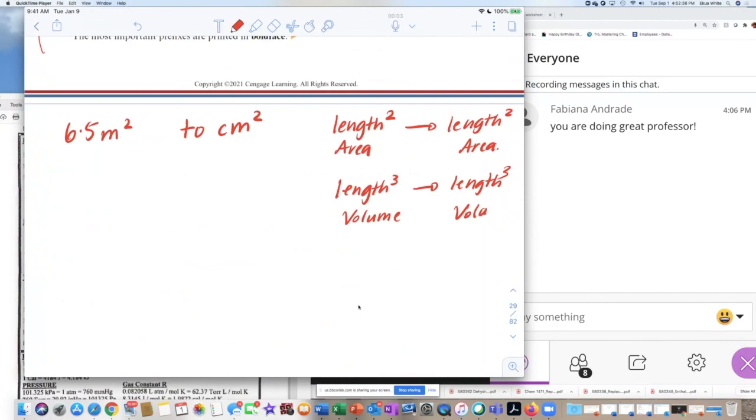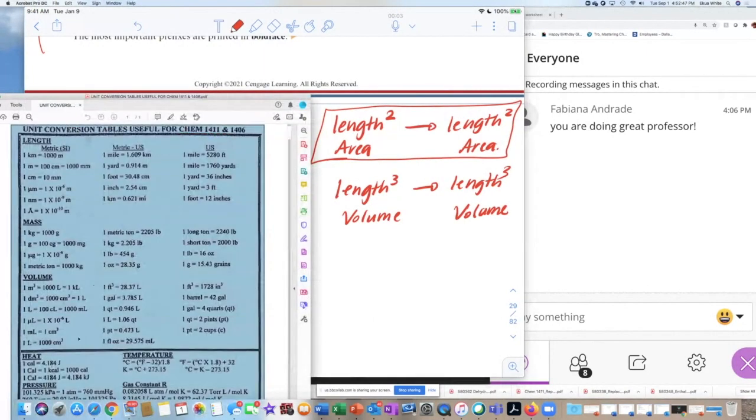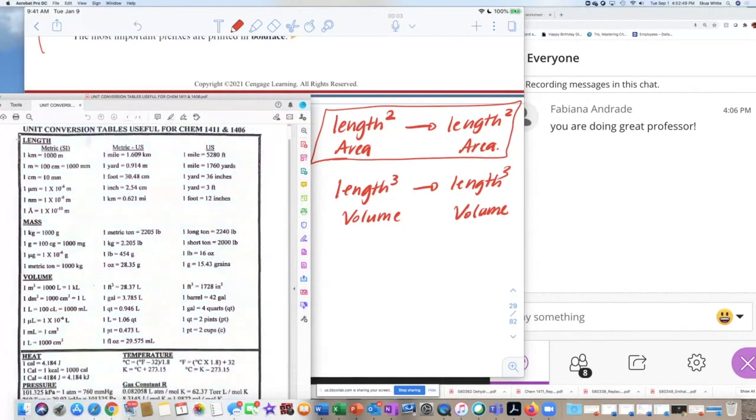But they said squared. So what I'm going to do is not guess. I'll go over here and see. Do I have a category for area? No, I have length. I have mass. I have volumes. In volumes, all the length measurements are cubed. This is not what I'm looking for. Yeah, this is not it.